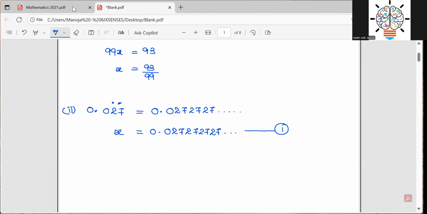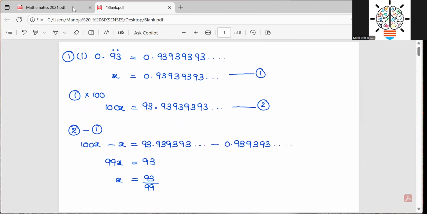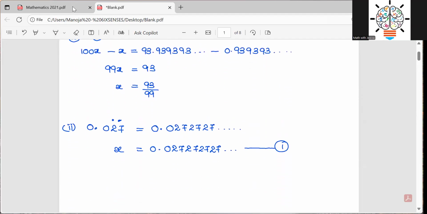No, this is different from the earlier one. In the earlier one, the recurring cluster of 2 digits was in the 10th place and the 100th place. But now the 2 digits are recurring in the 100th place and the 1000th place, and the 10th place digit is not recurring.